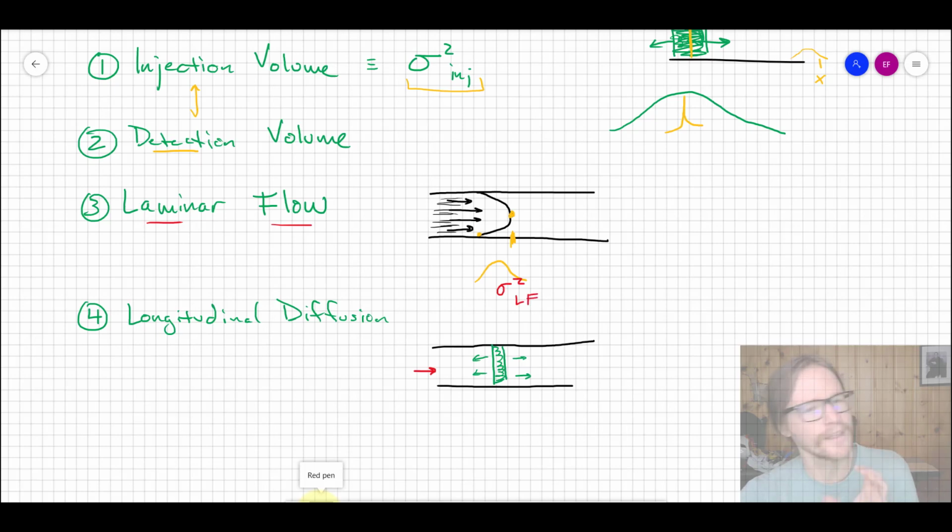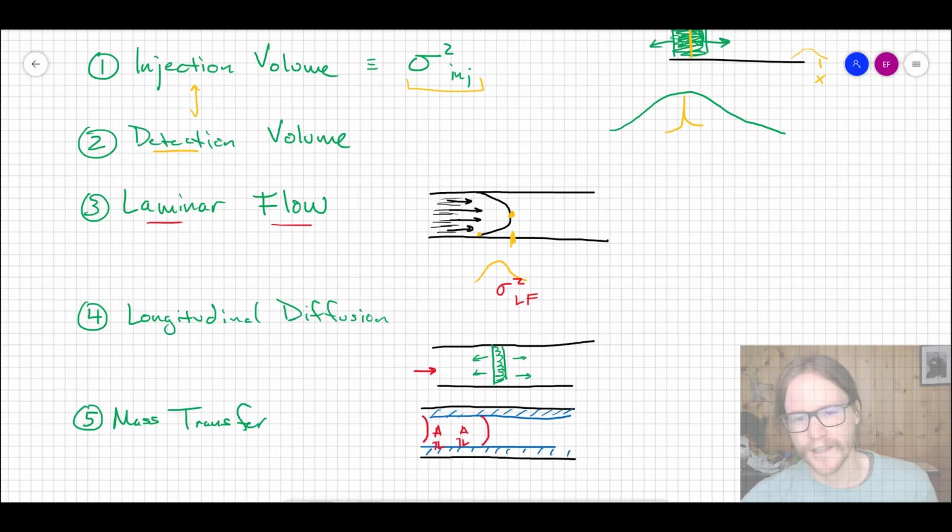And so this is sort of an optimization problem where you have lots of variable inputs. And remember, we're not necessarily trying to find the lowest possible broadening for a particular species. We're just trying to do it well enough that we can get resolution on our chromatogram. We can actually detect distinct features of what we're trying to separate from our mixture.